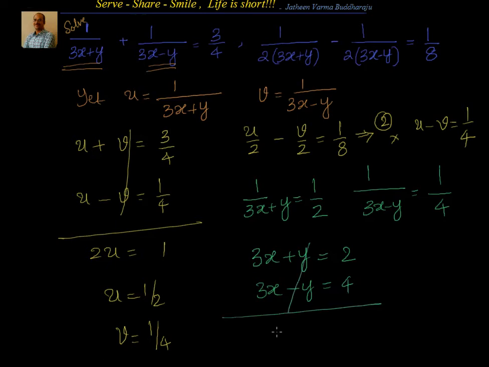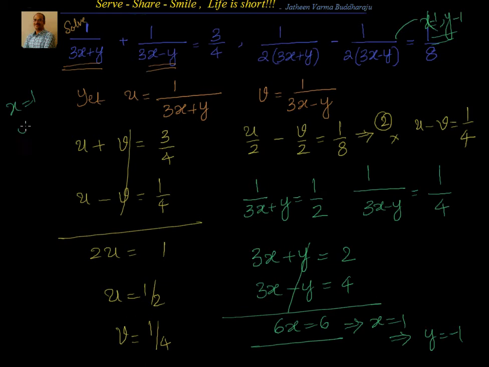If you try to solve them again, we'll have 6x = 6. That gives me x = 1. If x = 1, 3 plus something is equal to 2, that should be −1. So the values of x and y which satisfy these two equations are (1, −1). x = 1 and y = −1 are the solution.